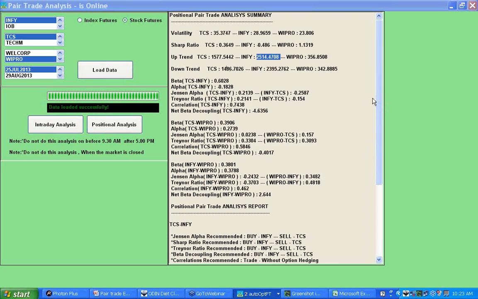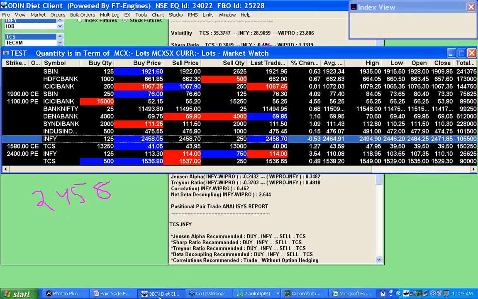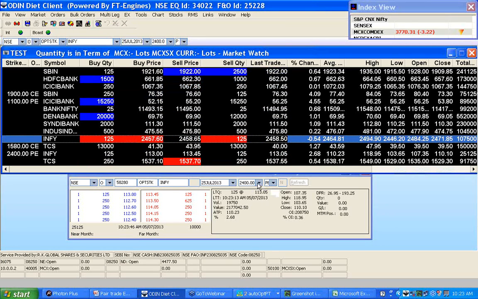Currently we are at the 2458 level and the uptrend is at 2514, so we still have 40, 50, 60 rupees. If I do it in this order, I can get back some of the time value from the market.